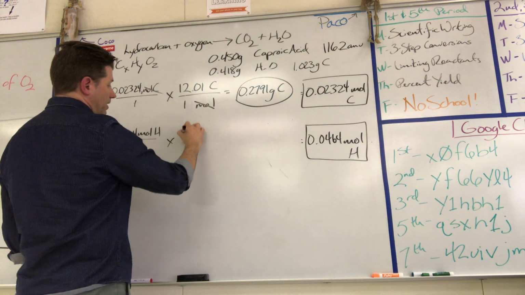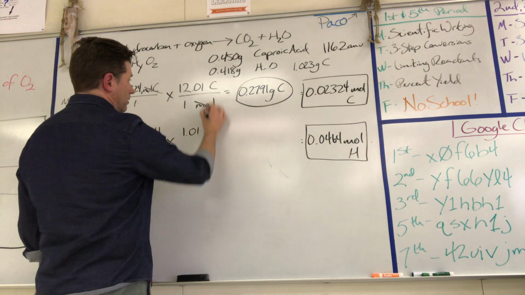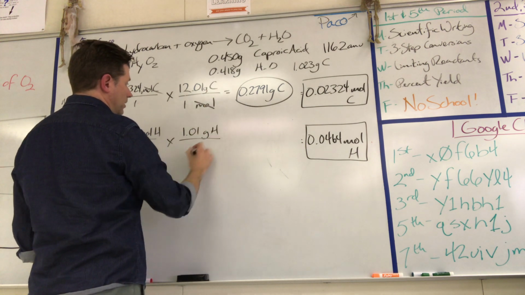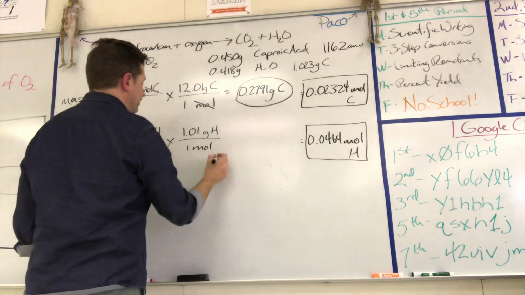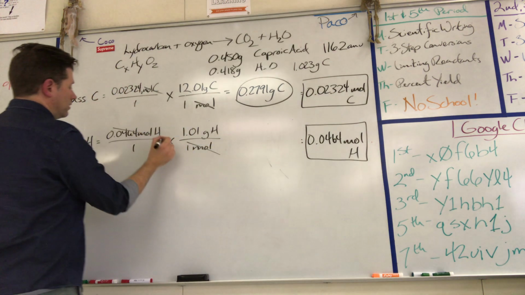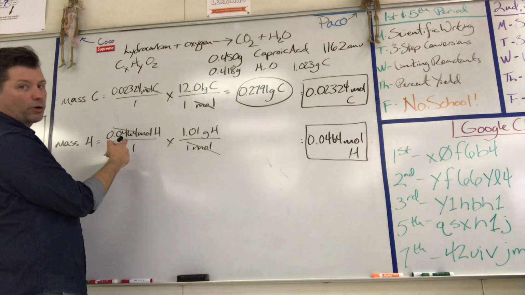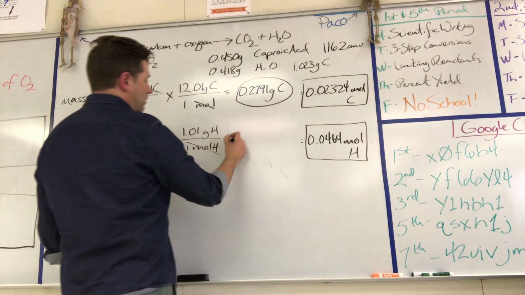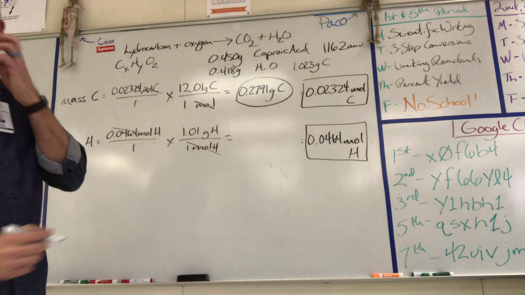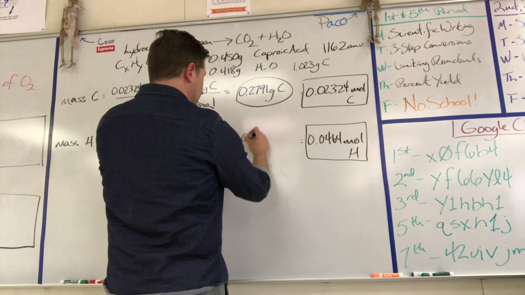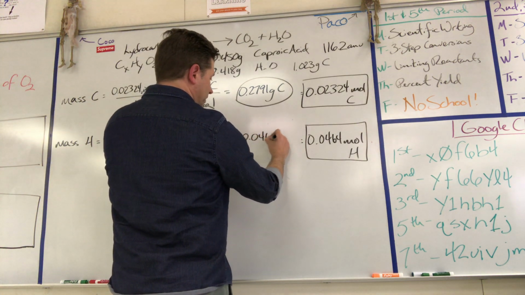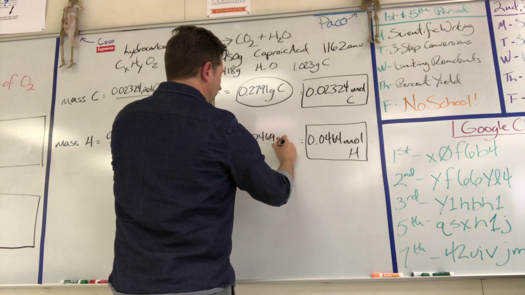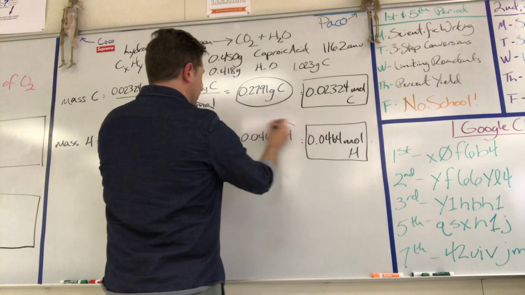And so we have 1.01 grams of hydrogen in 1 mole. Oh, I didn't mean to mark through the number, just through the moles of H. So that gives me 0.04699 grams of hydrogen.